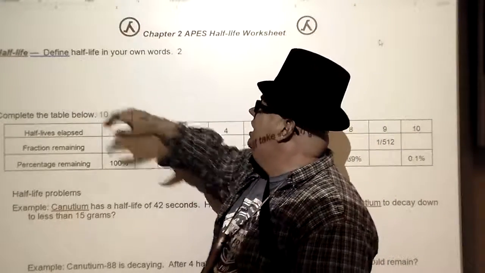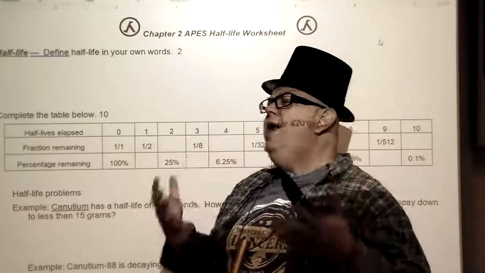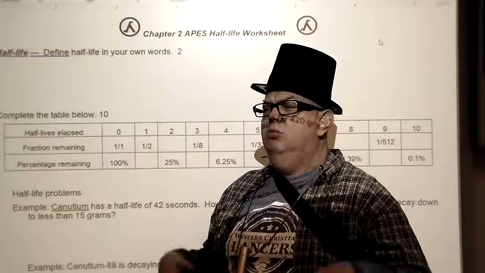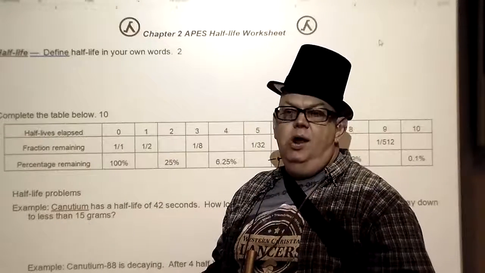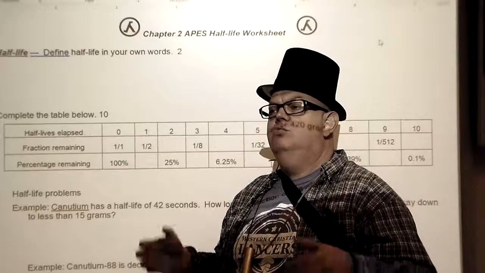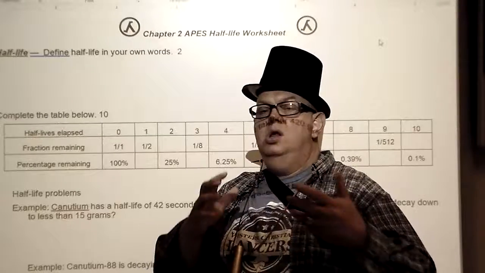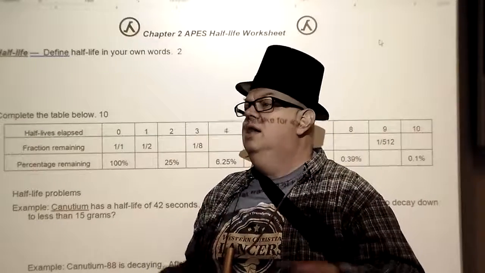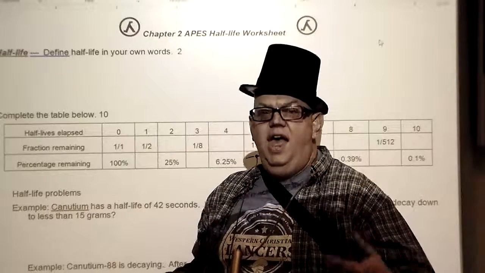What is exactly half-life? How would you define it? When radioactive materials decay, they break up. They break in half, so to speak. When we look at a half-life, if I have 1 kilogram of uranium, let's say it takes 10,000 years for its half-life.